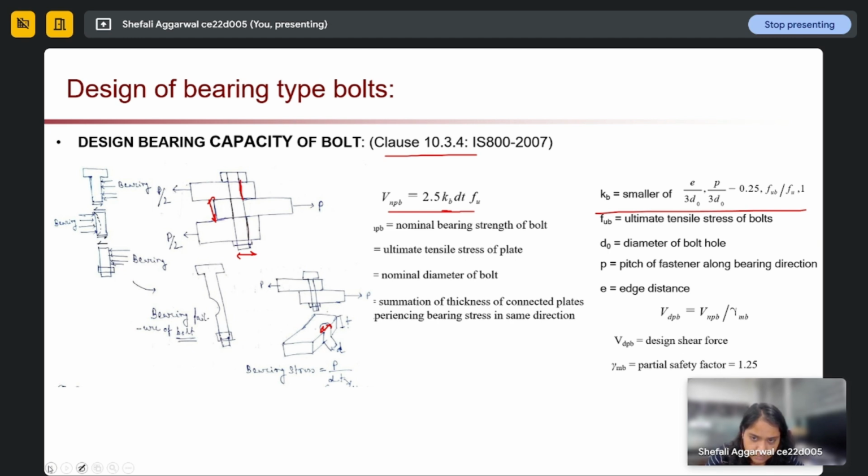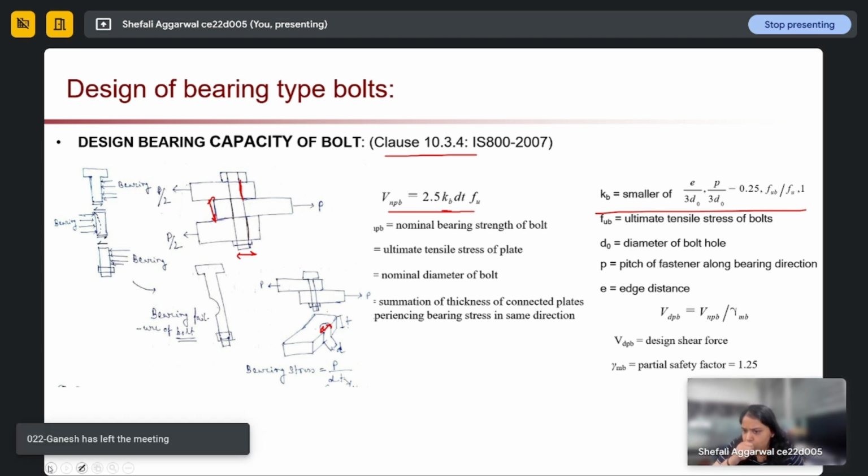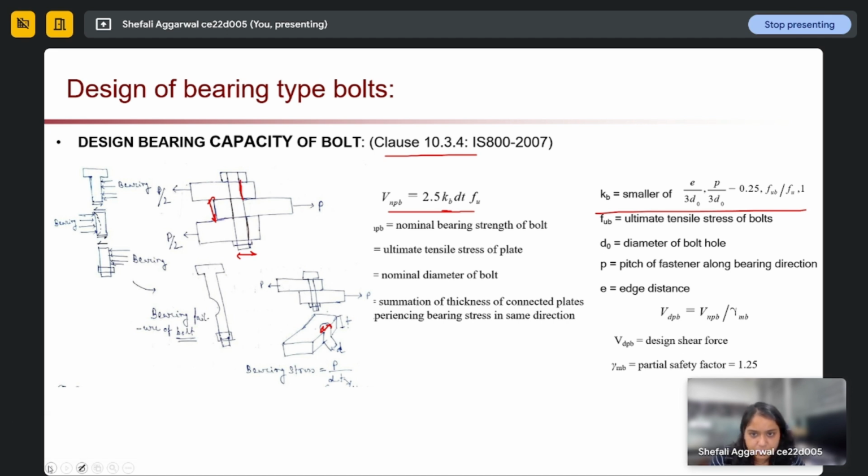But when the load is applied, not only the bolt, also the plate takes some energy, because even the plate goes through some deformation. So how is that considered when calculating the bearing capacity of that bolt? Because even the plate takes some force, so how does that happen?